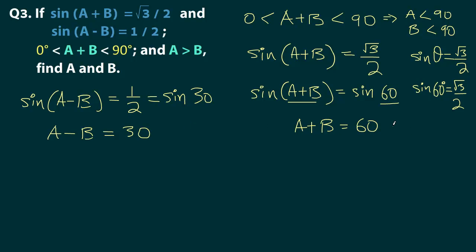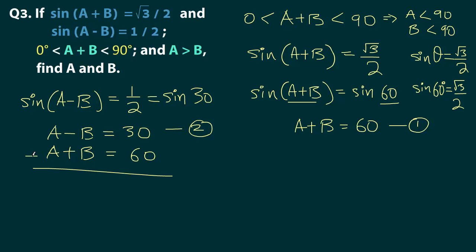So now this is the first equation, this is the second equation. Suddenly our trigonometric question has become a question of linear equations, right? A linear pair of equations. If we were to simply add these two equations, we have A minus B equals 30 and A plus B is equal to 60.